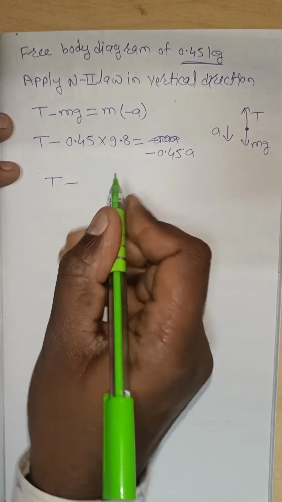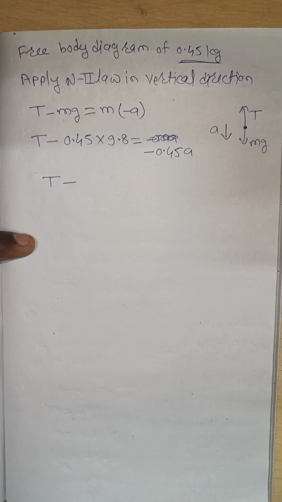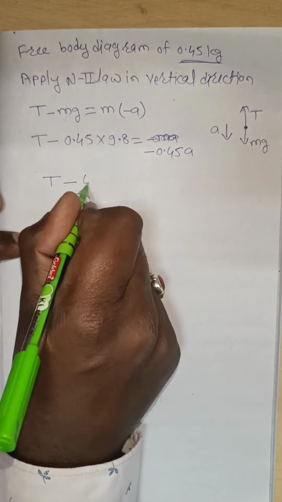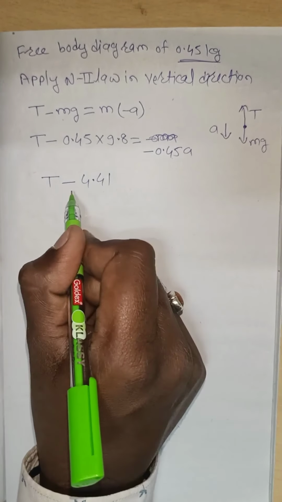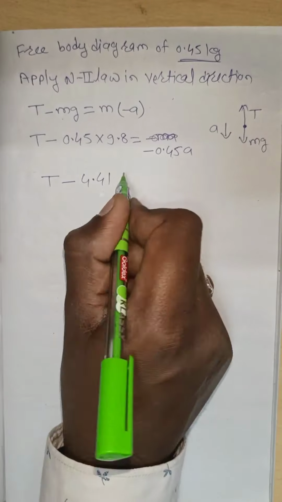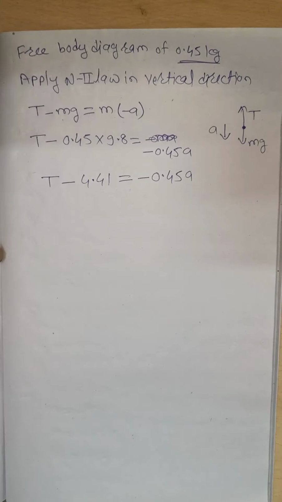From that, T minus 0.45 into 9.8, we get 4.41, which is equal to minus 0.45 into a.